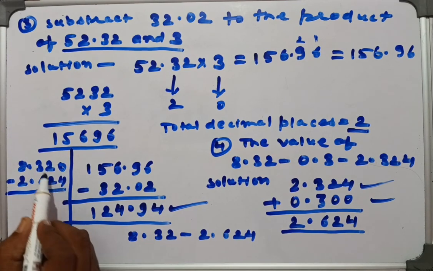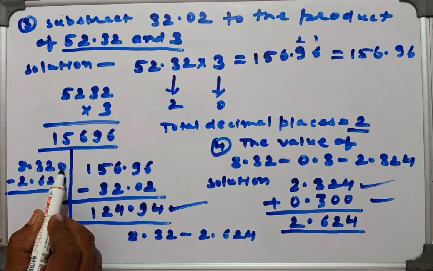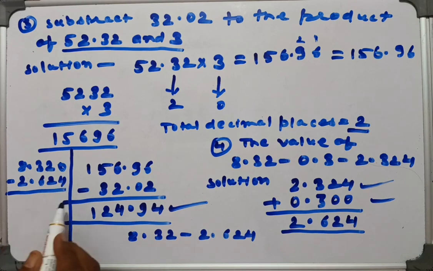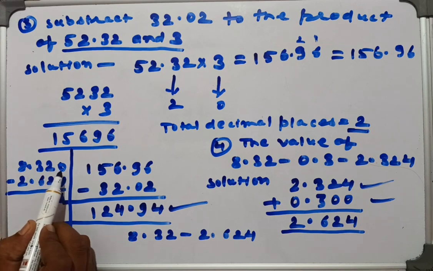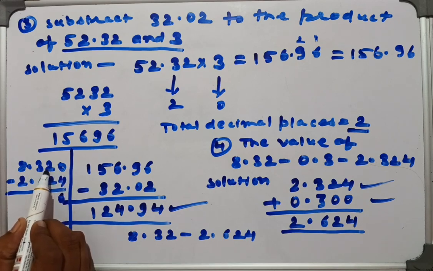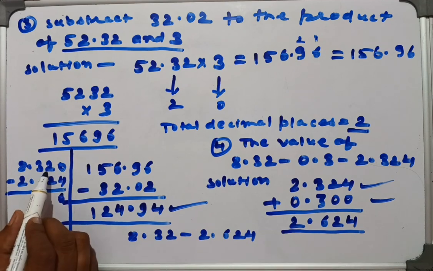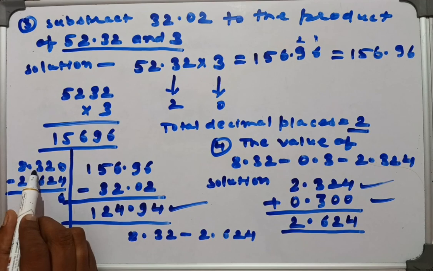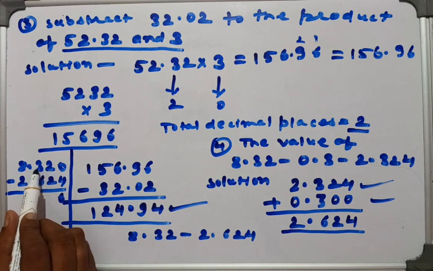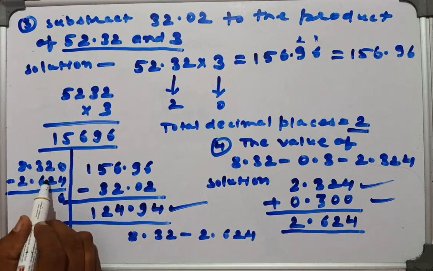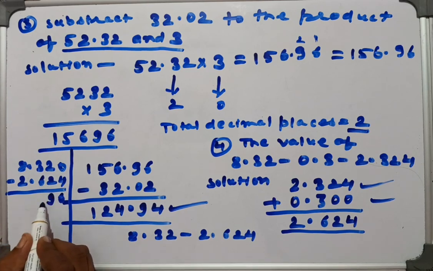0 is less than 4, so 2 gives a carry to 0, so it becomes 10. 10 minus 4 is 6. Now 2 gave a carry to 0, so it becomes 1, because 2 minus 1 equals 1. 1 is also less than 2, so it takes a carry from 3. It becomes 11: 10 plus 1, 11. 11 minus 2 is 9.